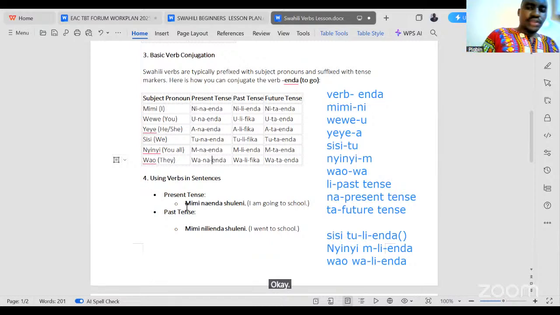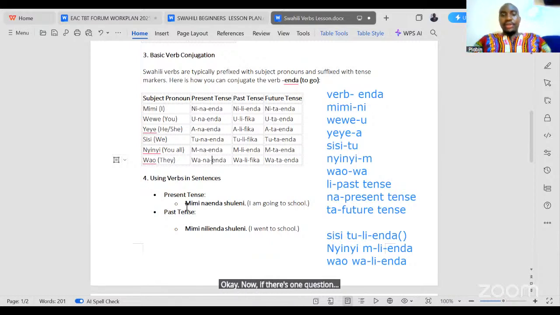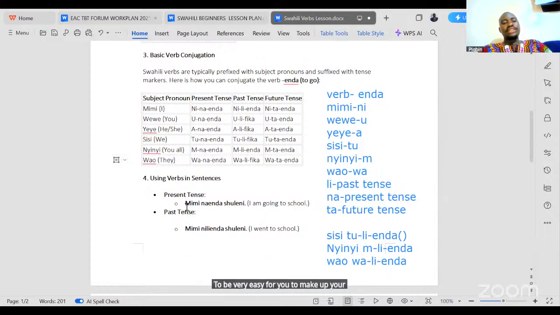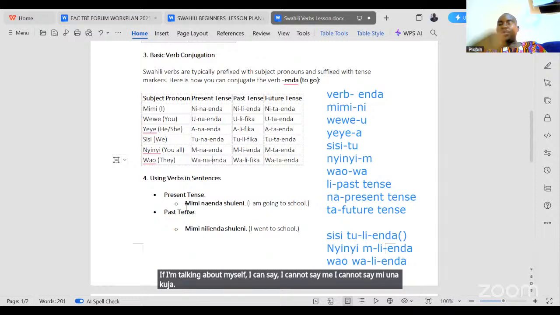Now, if there's no question, I know it's a bit complex, but if you just stay quiet a bit and understand the structure of how these words are divided into pronoun, tense, and verb, it will be very easy for you to make up your mind. So, for example, if I'm talking about myself, I cannot say mimi unakuja, because u is for wewe.